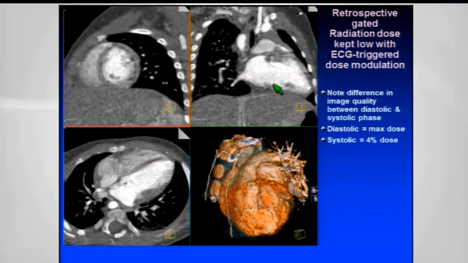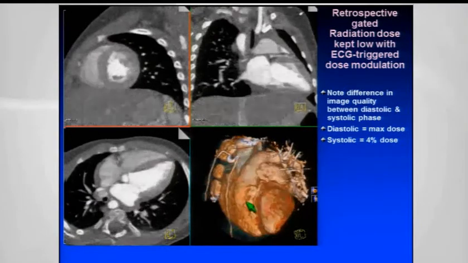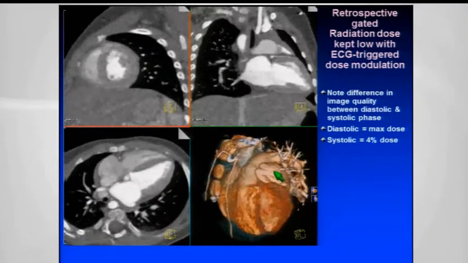This is an example. The attractive feature of retrospective gating is not the better resolution alone. You also get temporally resolved data. You get systolic and diastolic images. And what you can do, if you're clever, is switch off your dose or switch it to very, very low acquisition rates during systole. And what it does is give you very noisy images. You can see the systolic phase.